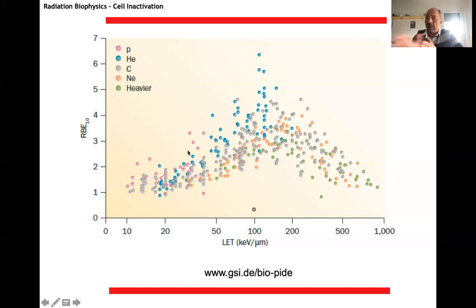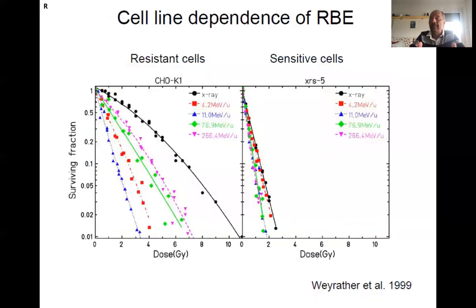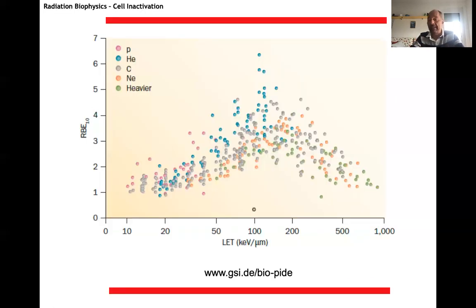One of the reasons why you see this large spread is the physics. But the biology is also huge. We have already seen, and will see more now, that the RB depends enormously on the intrinsic radiosensitivity of the cells. Here I'm putting cells that are very sensitive and very resistant together.